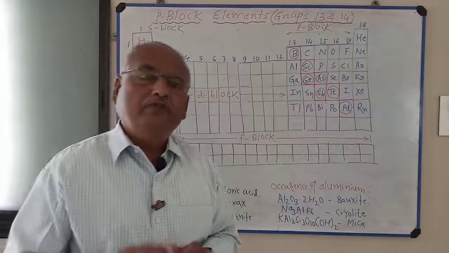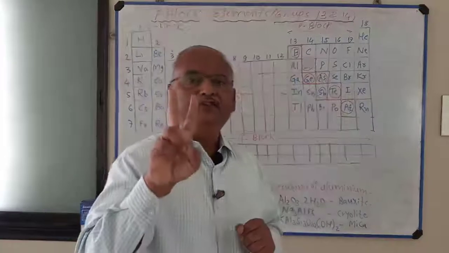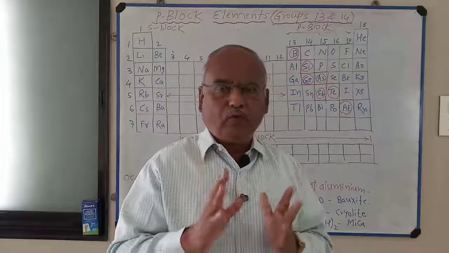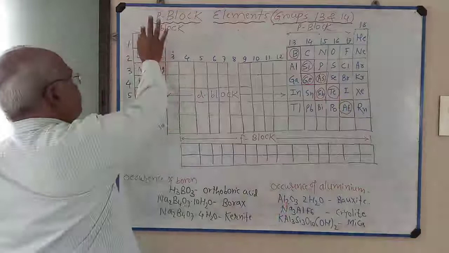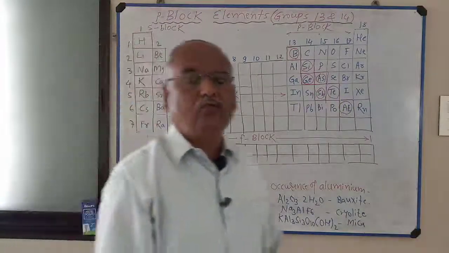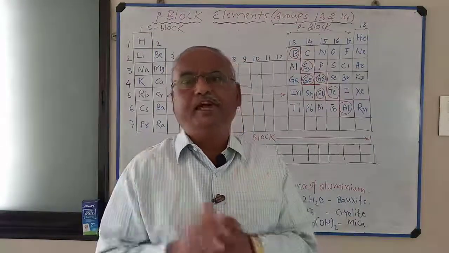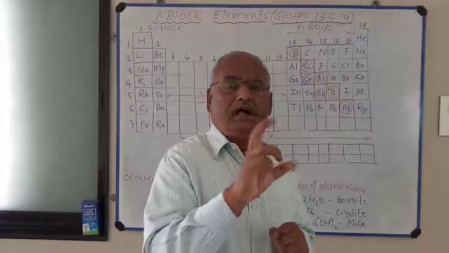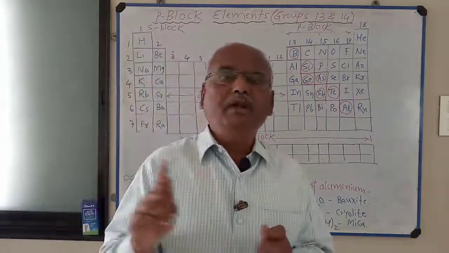elements. You know that in s orbital maximum 2 electrons can be accommodated. Therefore there are two groups belonging to s block. P orbitals are of three types: px orbital, py orbital and pz orbital. P orbitals have dumbbell shape.